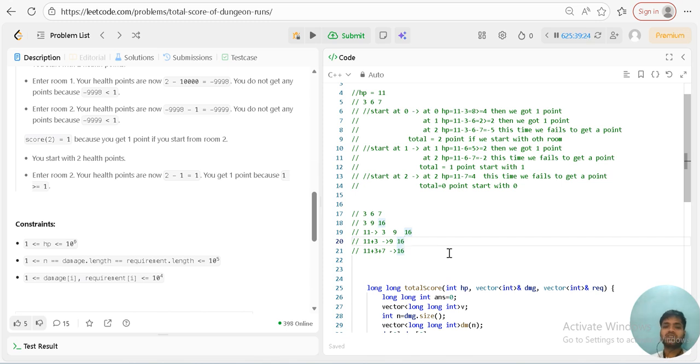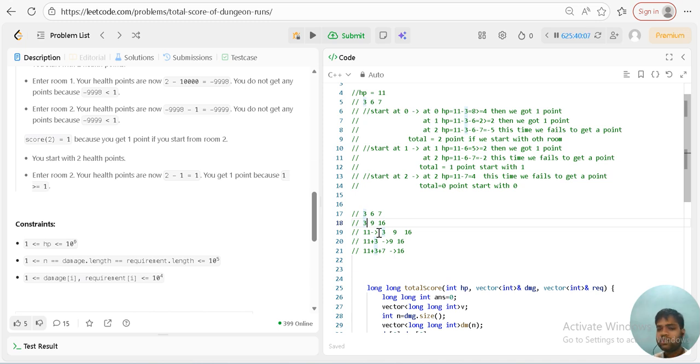So checking out this approach, we found that at each moment of time, like at the moment of 3, we have only 11. We have only one thread, because at point 1 we have started one thread, and we have to check if this thread is able to get a point. So we have 11 as the health point and check that it is able to get a point.